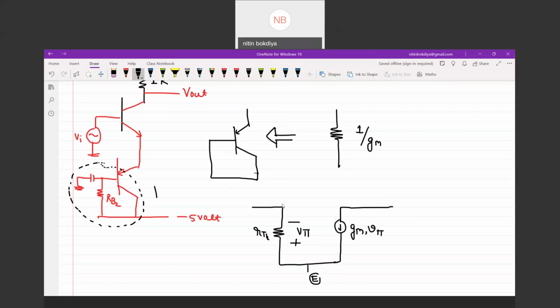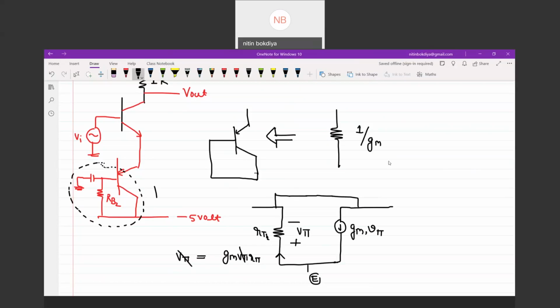When these two terminals are short circuited, what will be the resistance of this? This whole current will flow through here. It is GM into V pi into R pi, which is equivalent to V pi.